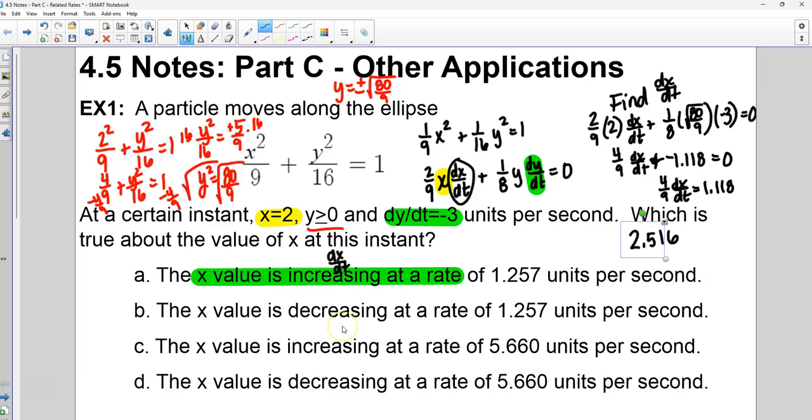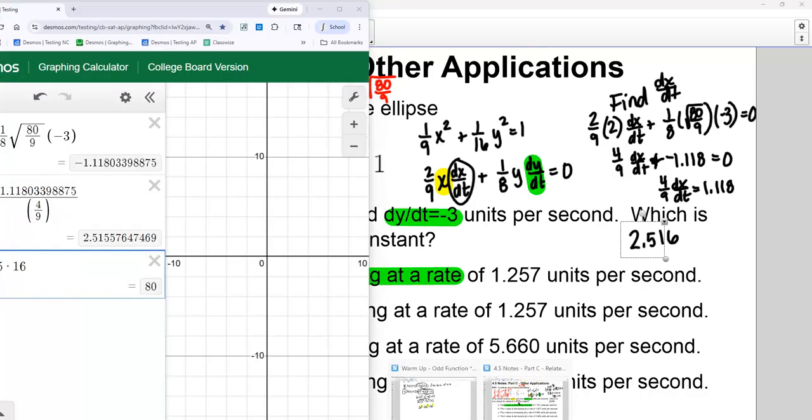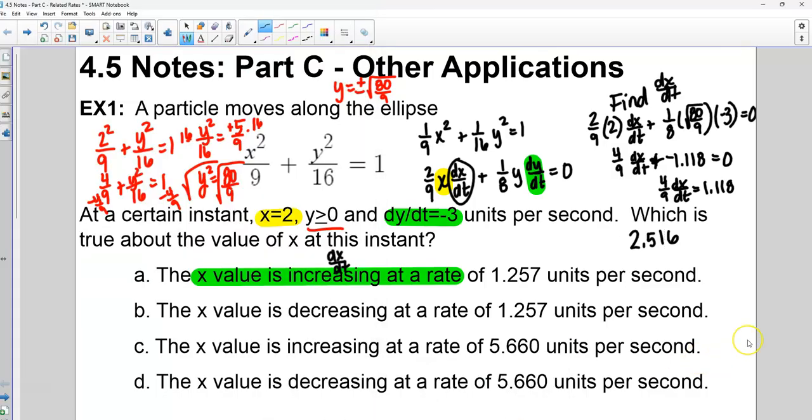I think I just made bad answer choices, probably. It's 5 times 16, 80. Let's make sure that 5 times 16 is 80, isn't it? Yeah, I didn't mess that up. I think that I just have a bad problem here.